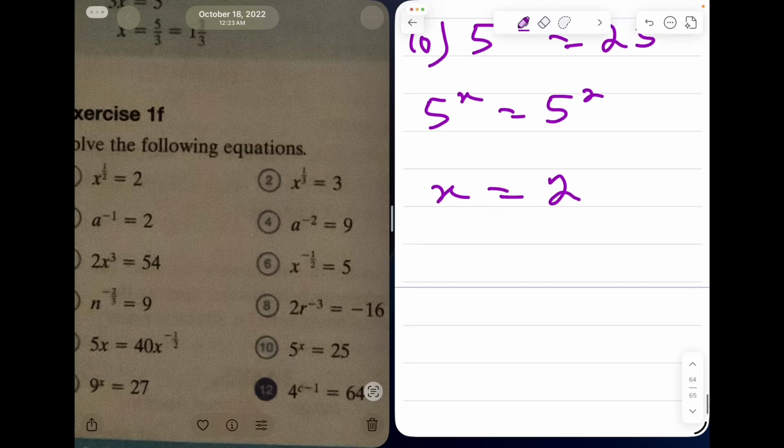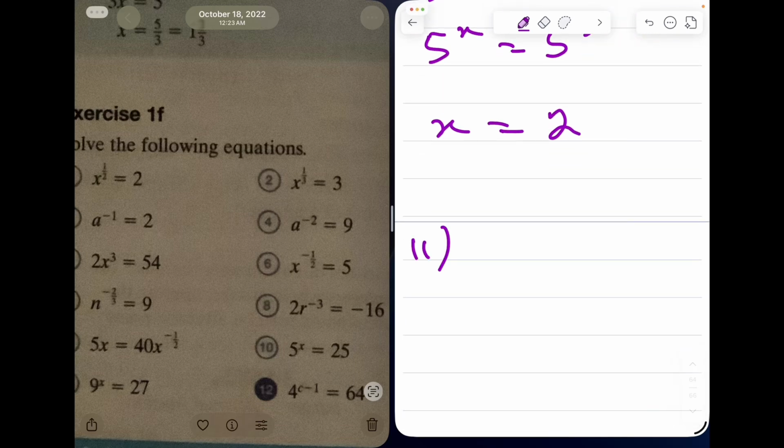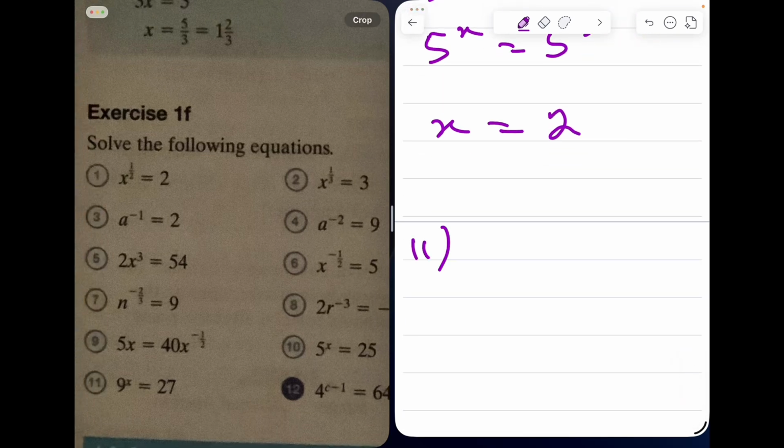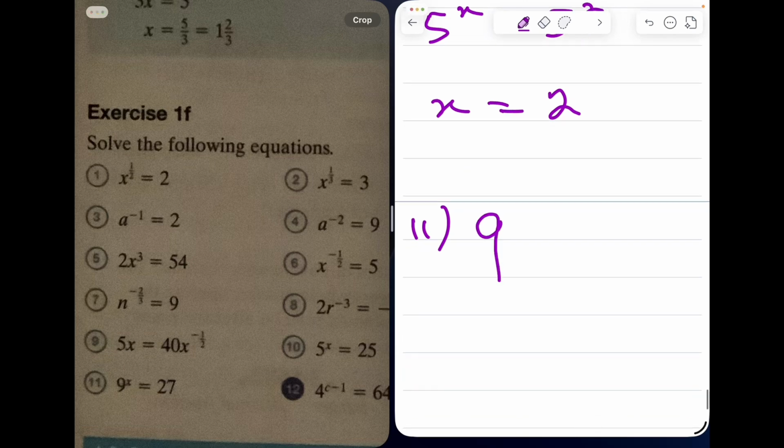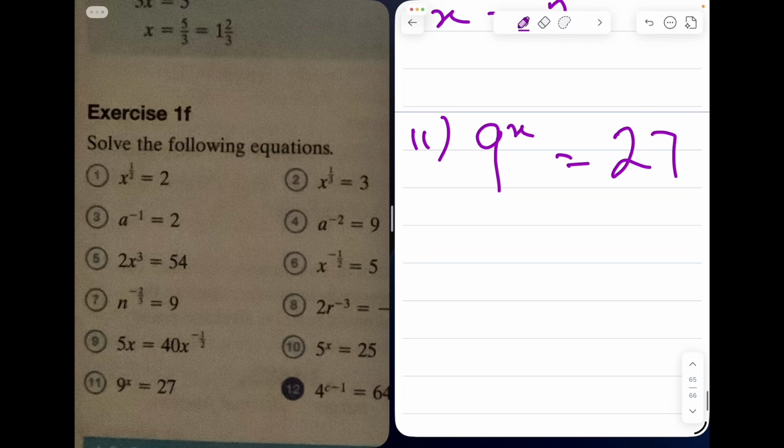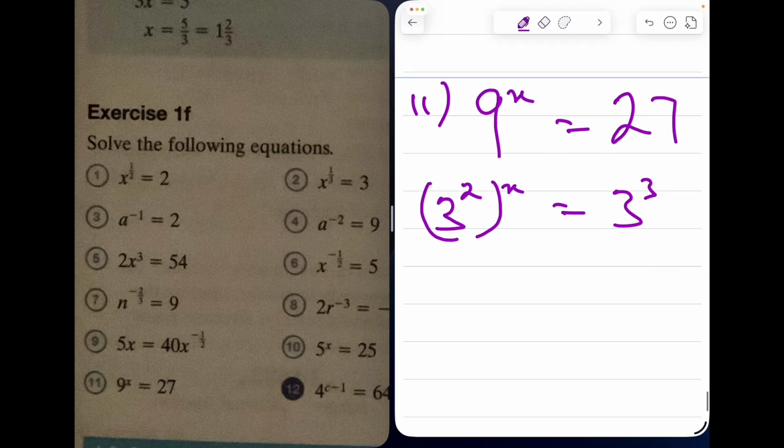So number 11, what's number 11? 9 raised to the power x equals 27. And that simply means I can write 9 as a power of 3 and 27 as a power of 3 too. And that simply means 3 raised to the power 2 raised to the power x equals 3 raised to the power 3. 27 as a power of 3 is 3 raised to the power 3.